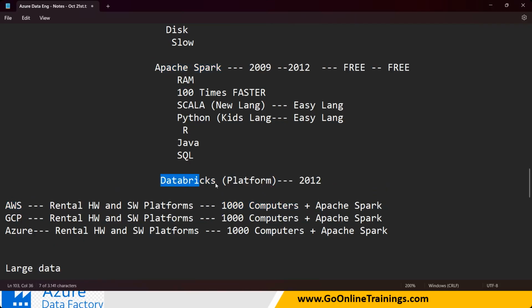This guy is going to be installing on behalf of these fellows. Clear? So when you're working with Databricks, it means Databricks will be creating an environment either in AWS or in Azure or in Google.